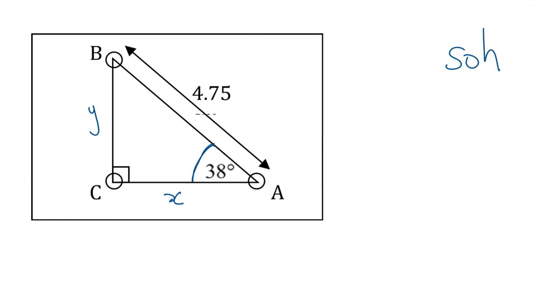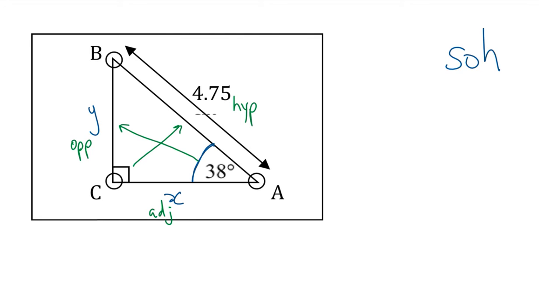And so our first step in solving for a side or an angle in a right triangle using SOHCAHTOA is to label the sides. So I'm going to do that. There's hypotenuse, there's opposite, and so finally this will be adjacent. Okay.